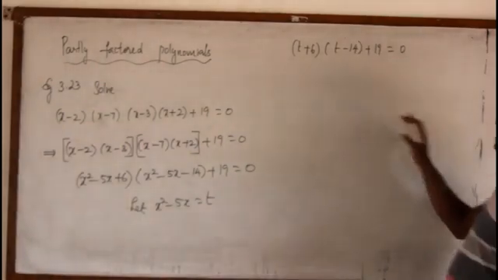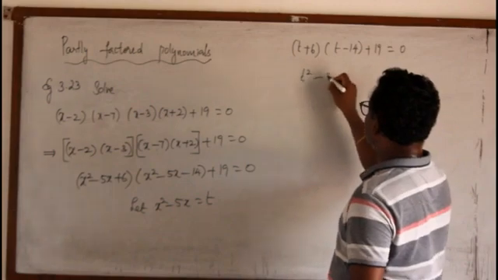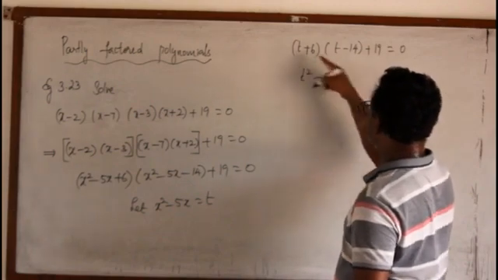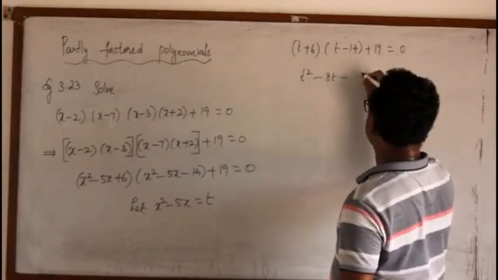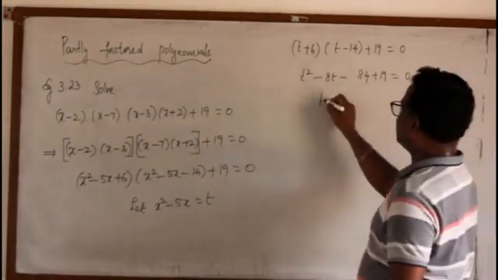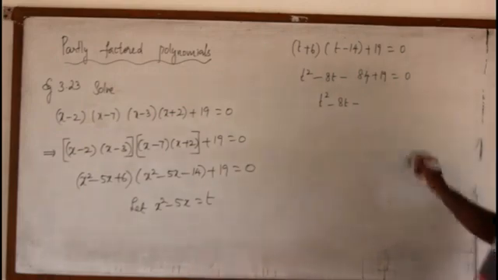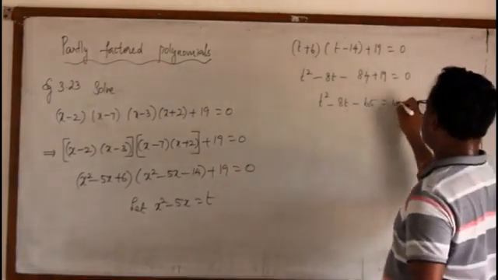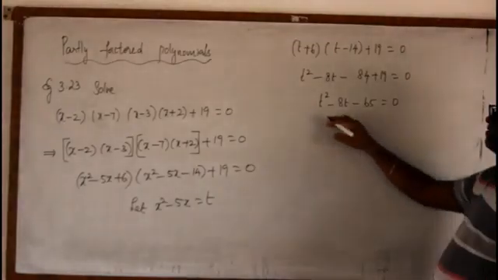Multiplying these, it is t square, 6 minus 14 is minus 8t, 6 times minus 14 is minus 84, plus 19 equal to 0. It is t square minus 8t minus 65 equal to 0. Now see, the equation is reduced to a quadratic equation in t.